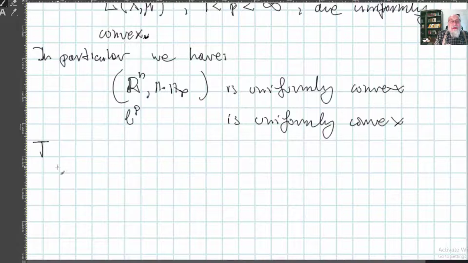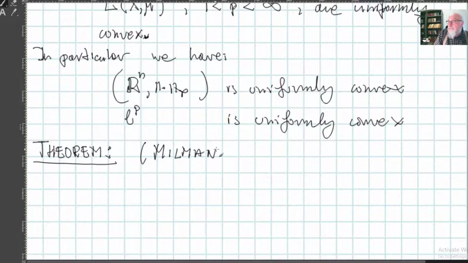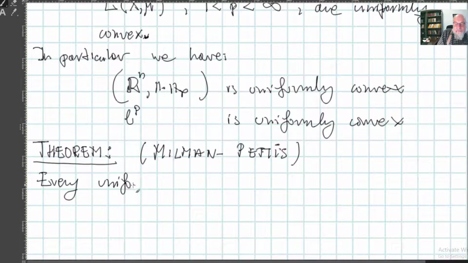Theorem, the Milman-Pettis theorem: every uniformly convex Banach space E is reflexive.